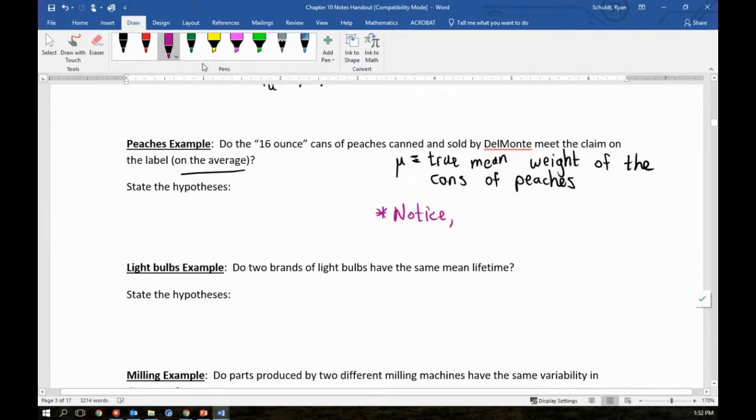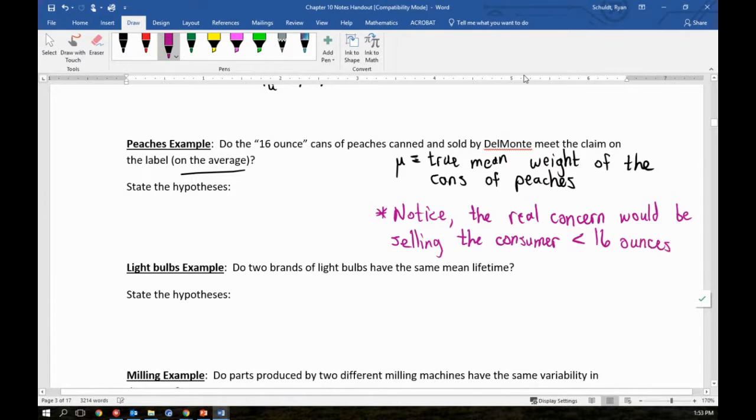So notice the real concern would be selling the consumer less than 16 ounces.